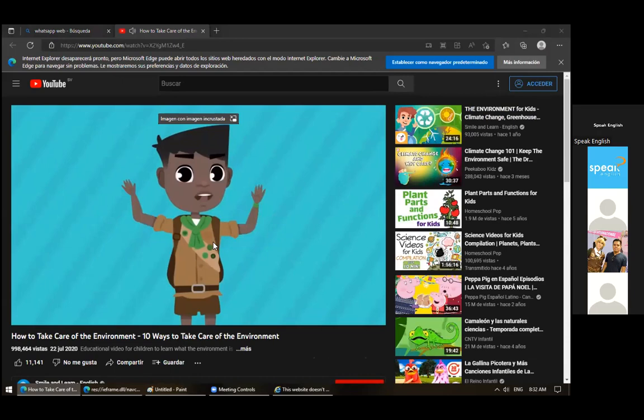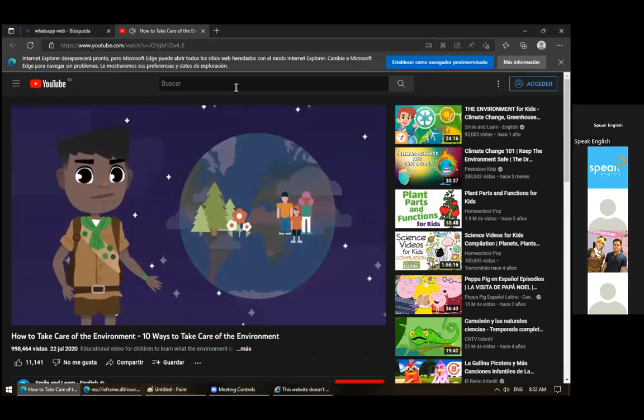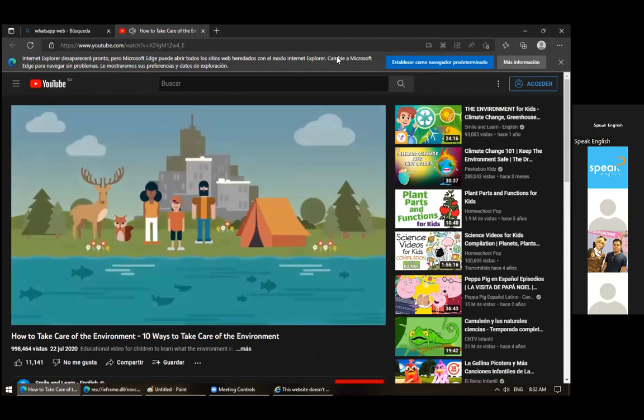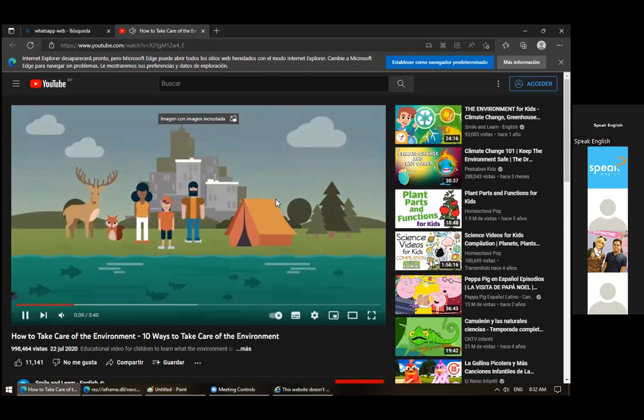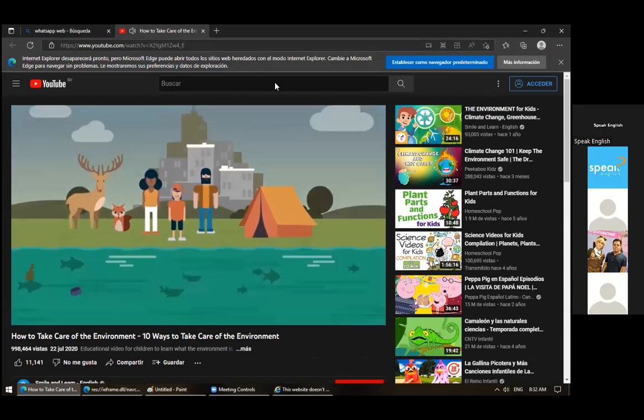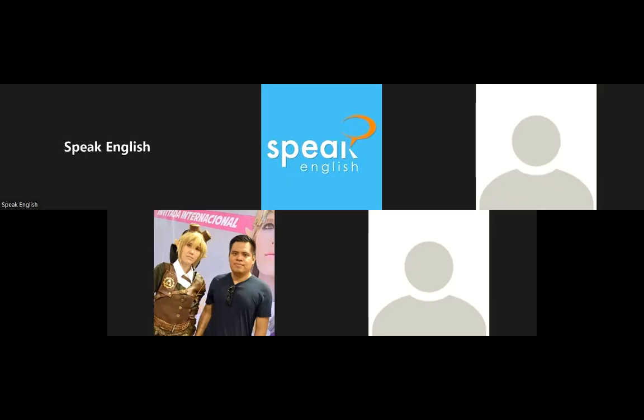No. Oh, that's strange. When you share your screen, at the bottom of the window, an option appears that says share sound. Or give me a second.